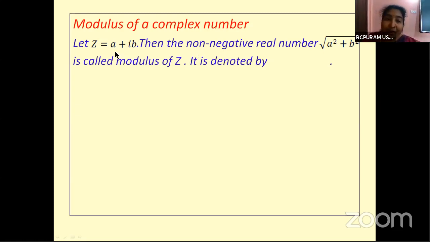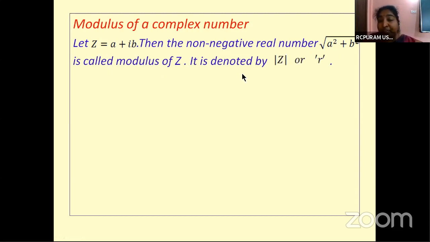In real numbers, when we square a negative number, it gives you positive. So both positives added will always give you a positive. So the non-negative number root of a square plus b square, when z is equal to a plus ib, is called modulus of a complex number.